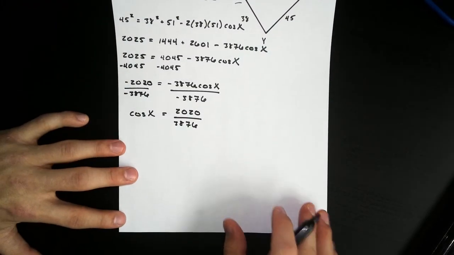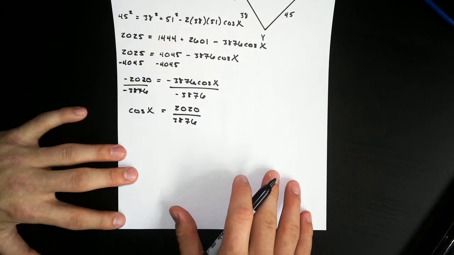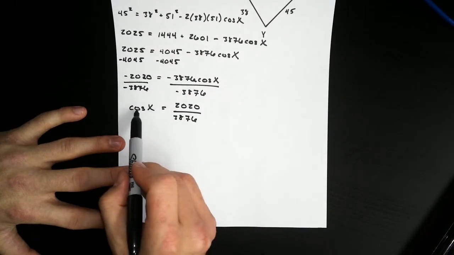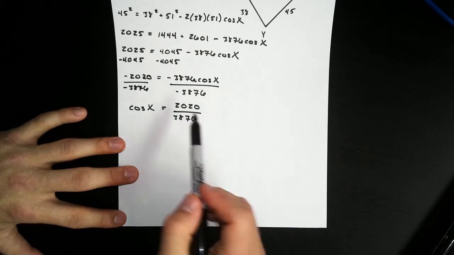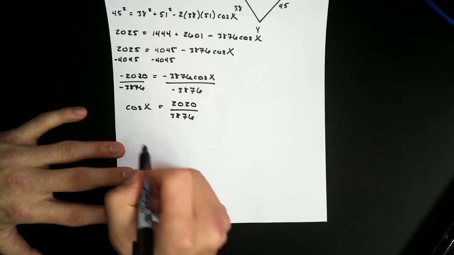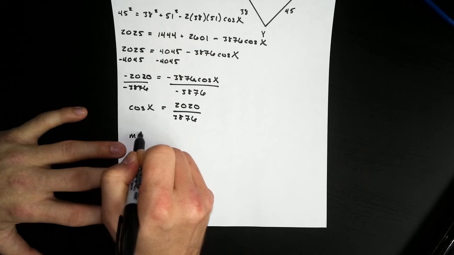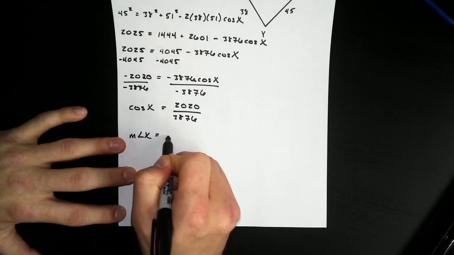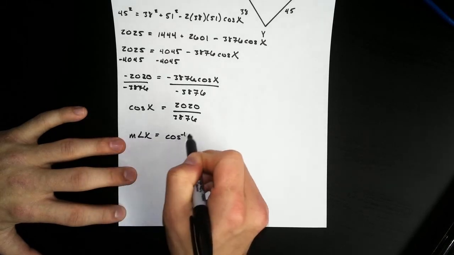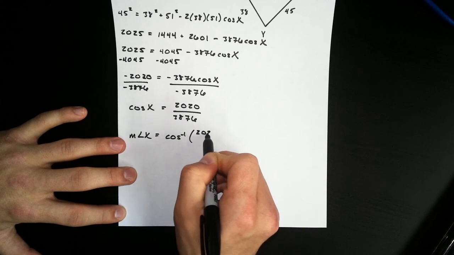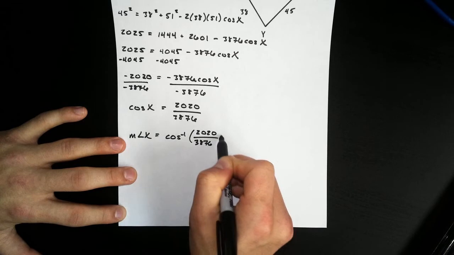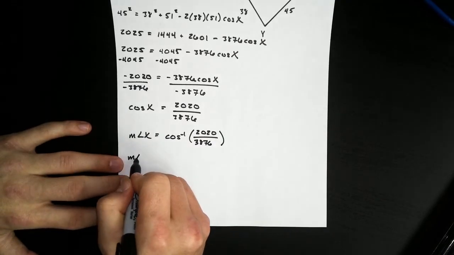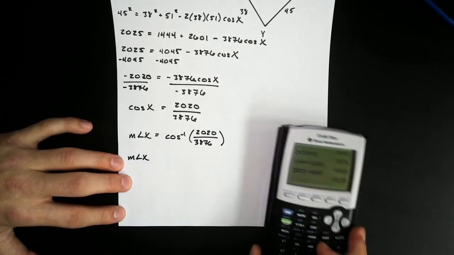Alright, so now that we isolated the cosine of x, we know that the cosine is equal to this ratio. So the inverse cosine of this fraction should give me my angle measure. So the measure of angle x is the inverse cosine of this fraction. And then typing that in, let's see what we get.